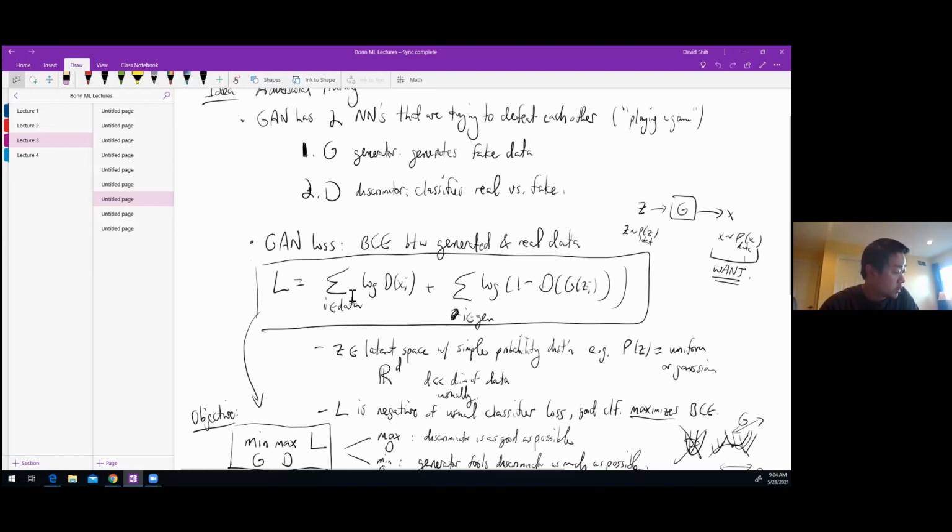The sign is of course a matter of convention. It's conventional to take the loss to be the opposite or negative of a classifier loss, so the actual binary cross entropy, not the negative binary cross entropy, in other words. And it's between the real images drawn from the data and the generated images drawn from a latent space with some simple probability distribution that you specify beforehand, like a uniform distribution.